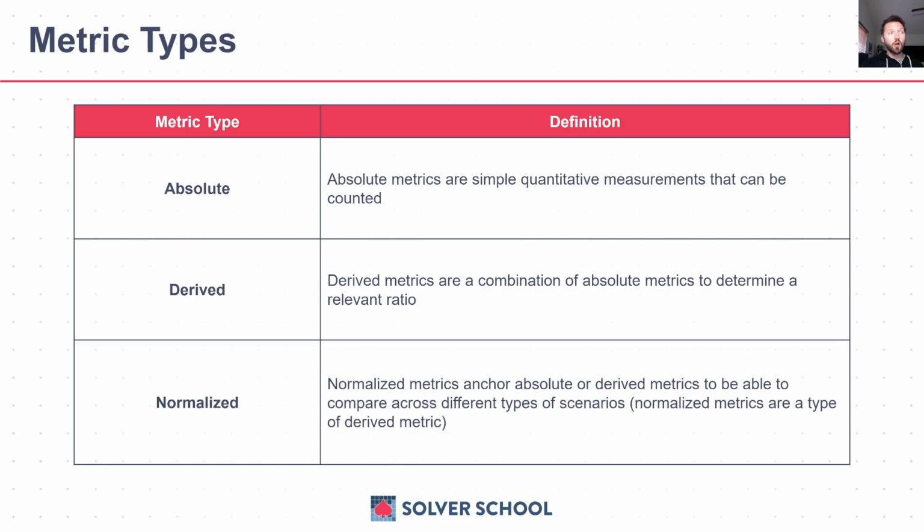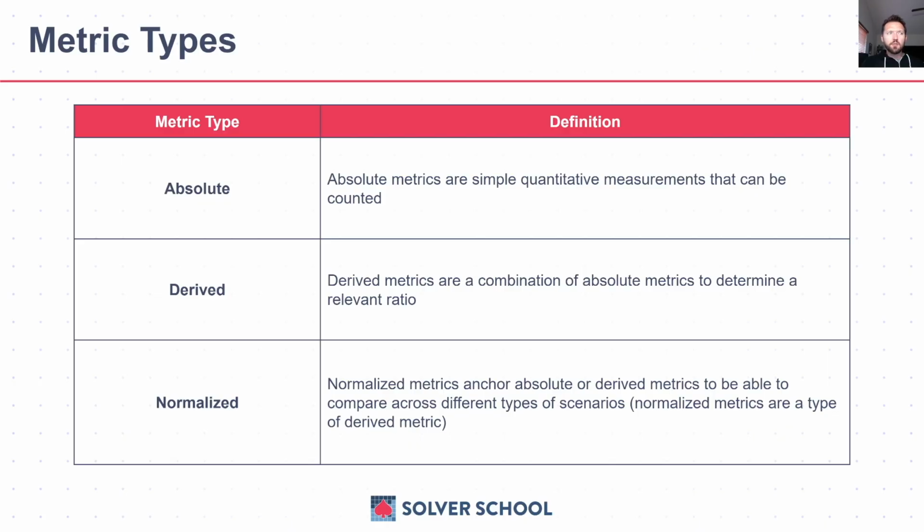Derived metrics are a combination of absolute metrics to determine a relevant ratio. EV percentage is a derived metric. That is a metric where we take the expectation value and divide it by the pot size to get a derived metric that gives us an explanation of something in relation to something else.